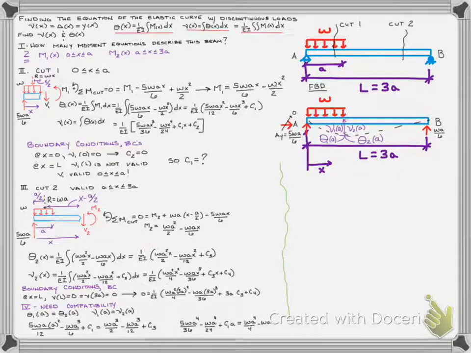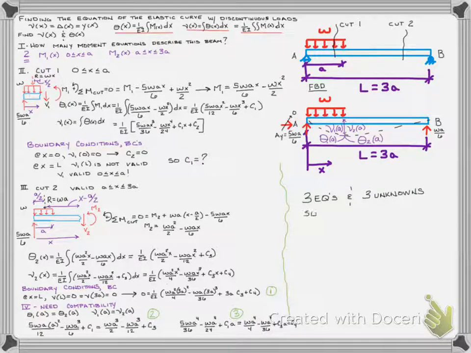But what we end up with is we're still sitting with our three unknowns. But the nice thing is, remember back at our boundary conditions for cut 2 and then our compatibility, we actually have three equations, which I've marked there. And there's the three unknowns, C1, C3, and C4.